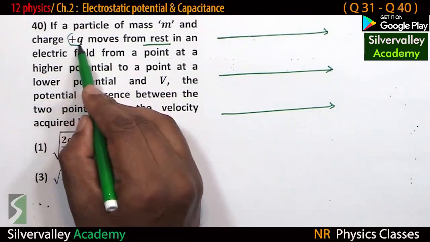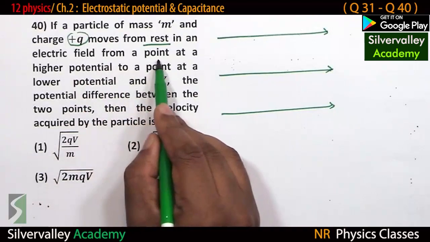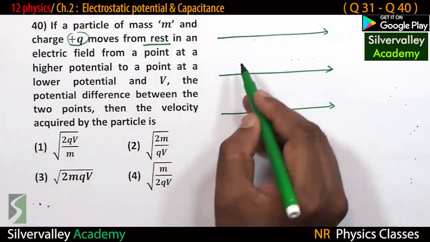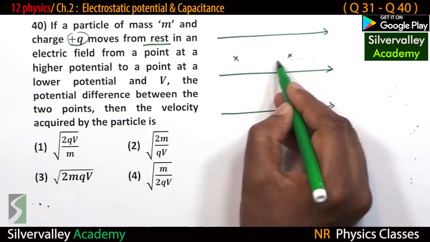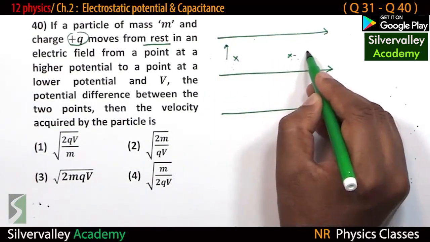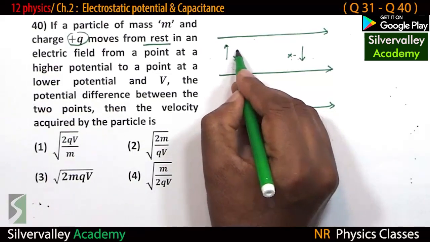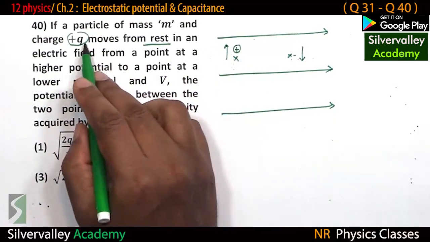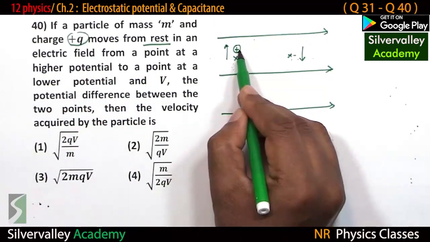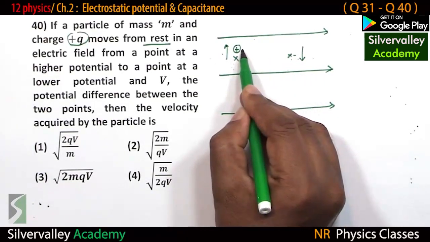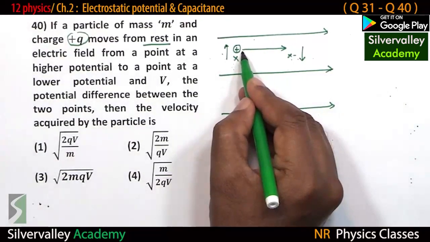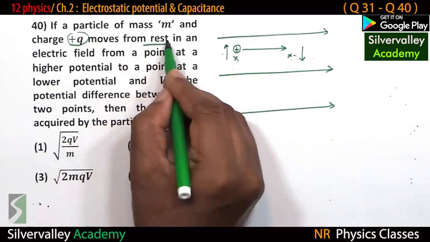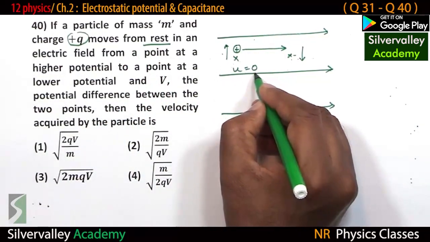Charge plus q moves from a point at higher potential. This point compared to this point is at higher potential, and this is at lower potential. A positively charged particle moving from a higher potential region to a lower potential region, naturally, velocity should increase. From rest means initial velocity 0.